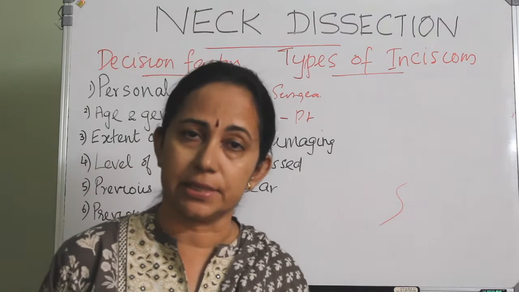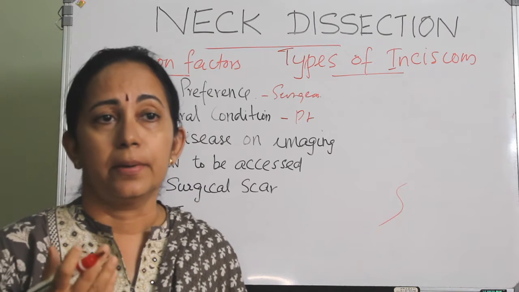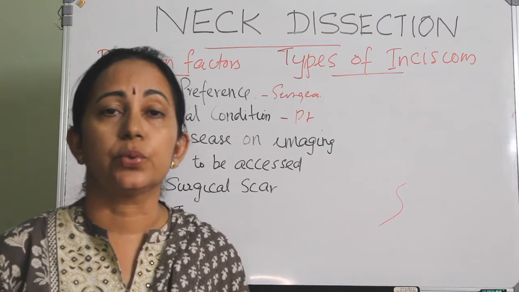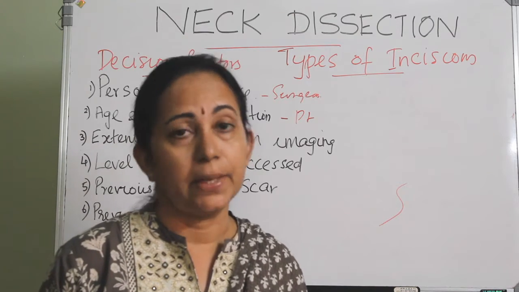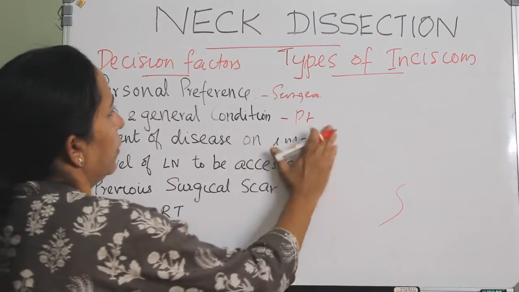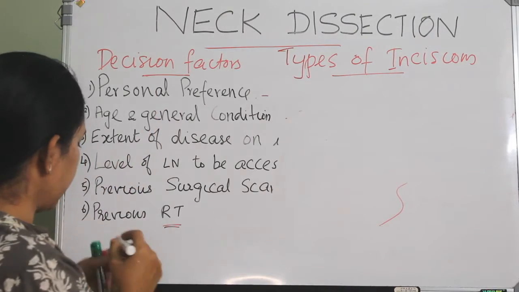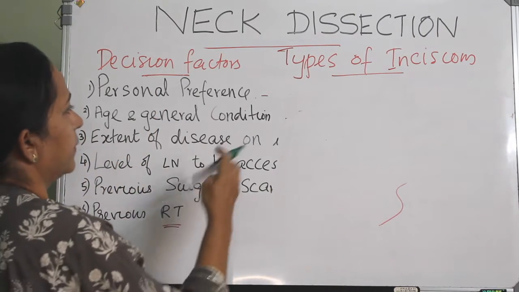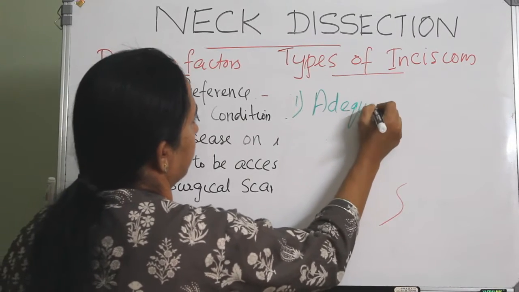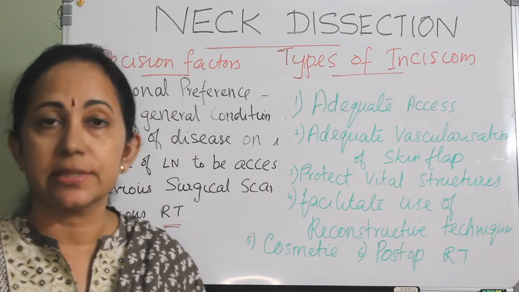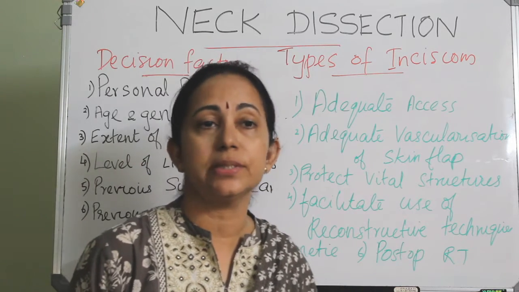But whatever the incision, the access to the primary as well as the neck node should be adequate without compromising the blood supply. Whatever the incision is, the first thing you have to think about is that there should be adequate access to the surgical field without compromising the vascularity of the skin flap.